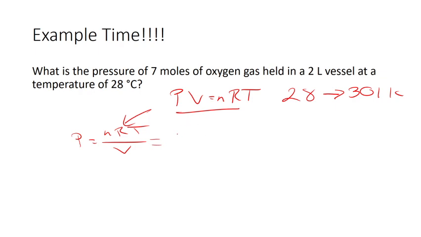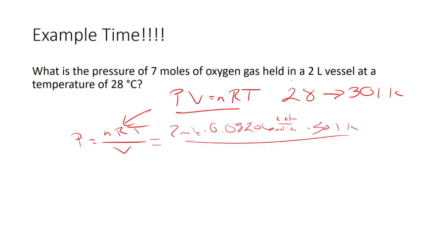Which would be n, 7 moles, R, which in this case we're using liters and atmospheres, so 0.08206 liter atmospheres per mole Kelvin, times our temperature, which is 301 Kelvin, and then all of that over our 2 liters, right?